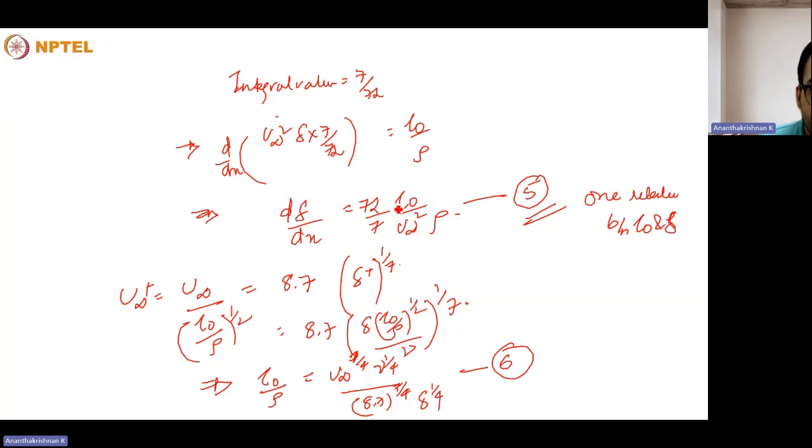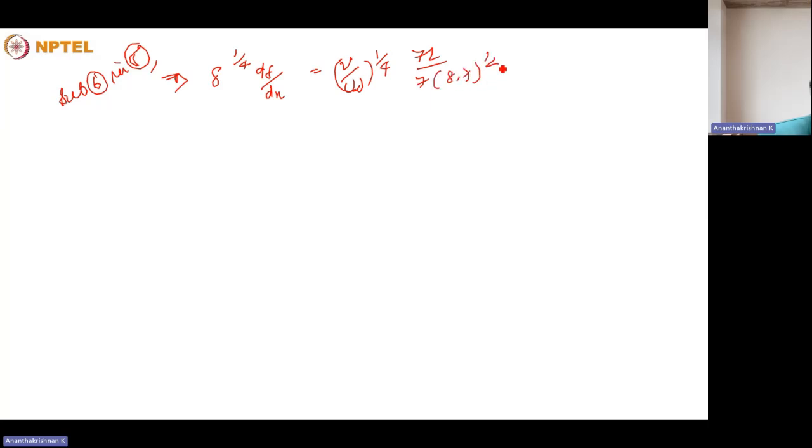In the previous equation also we had a shear stress and delta term. Now we just substitute this shear stress by rho in the previous equation, and we can get everything in terms of delta. So it will be delta raised to 1 by 4 d delta by dx, substituting 6 in 5, equal to nu by u infinity raised to 1 by 4 into 72 by 7, 8.7 raised to 7 by 4.